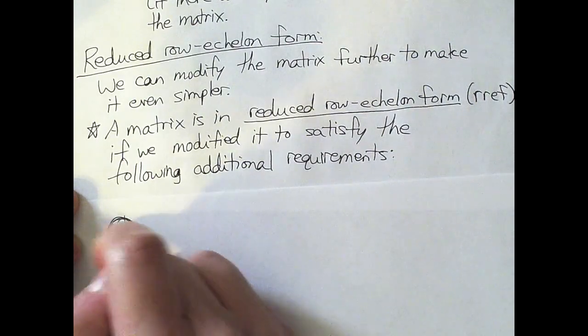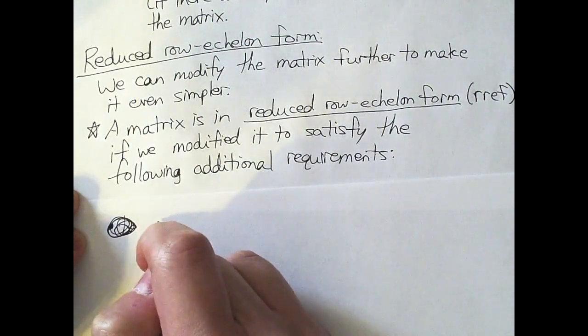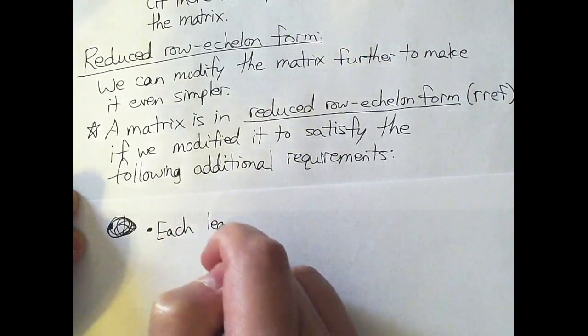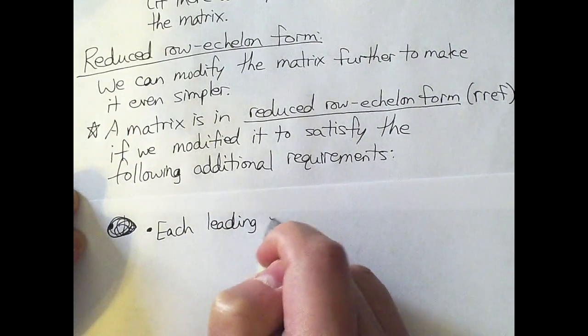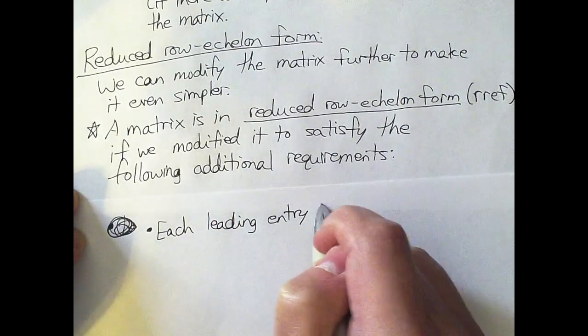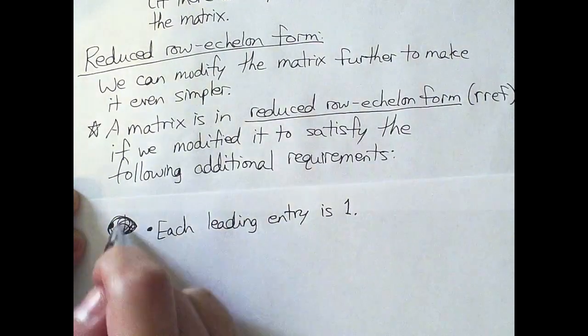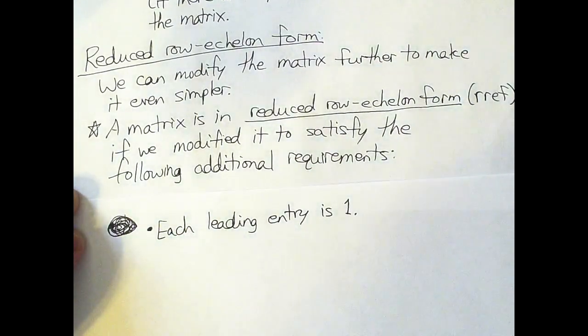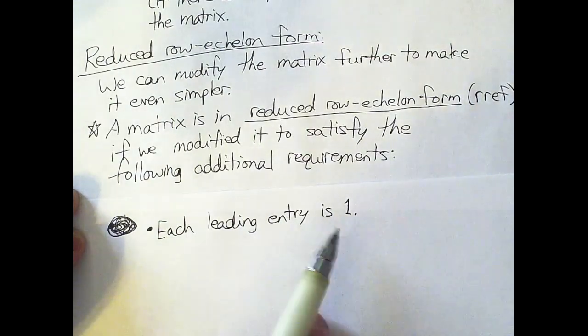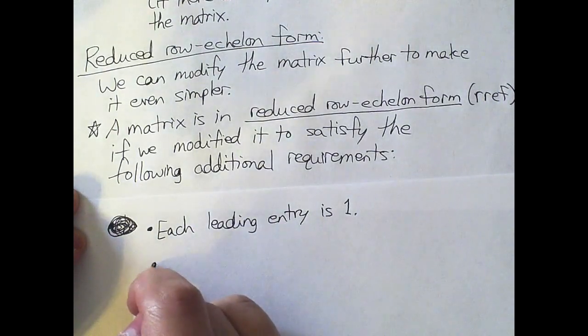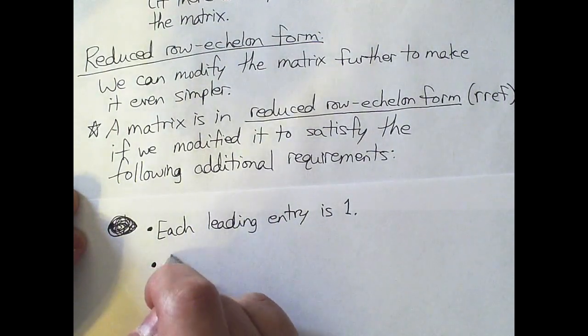First, each leading entry must be 1. Some matrices that are in row echelon form have this, and some of them don't. Actually, the example that we did above did have this property.